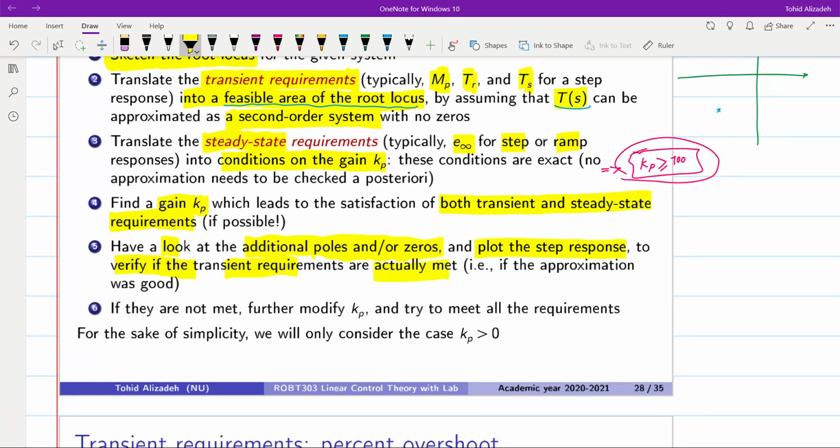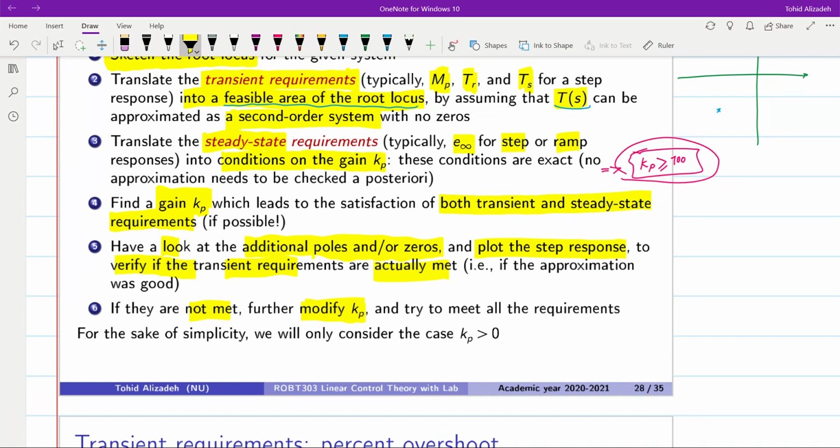If they are met, it means that our approximation was good. If they are not met, we need to modify KP further and try to meet all the requirements. And again, sometimes it's not possible to meet all the requirements using a proportional controller. In that case, we would say that we need a more sophisticated controller.